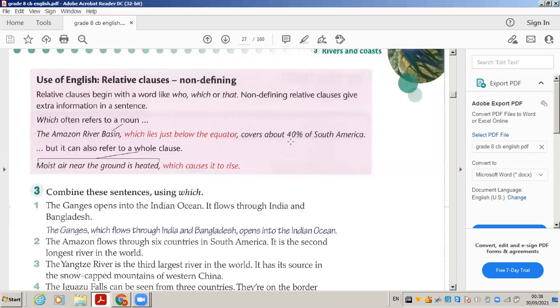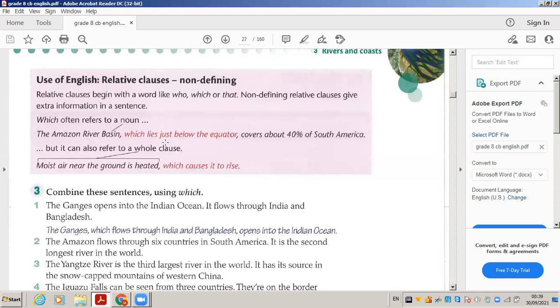If I say the Amazon River basin covers about 40% of South America, here I have a complete, meaningful sentence. So which lies just below the equator is extra information that can be dropped.